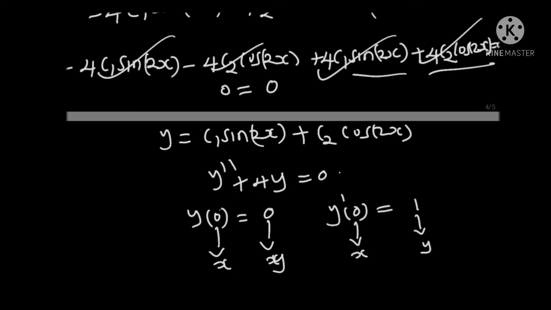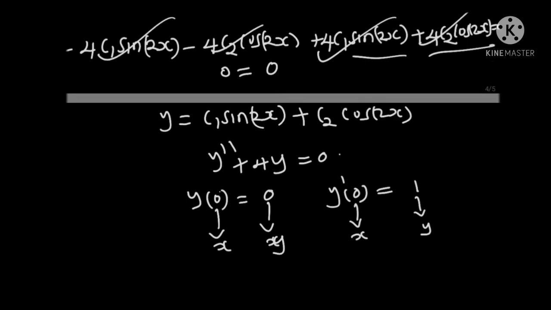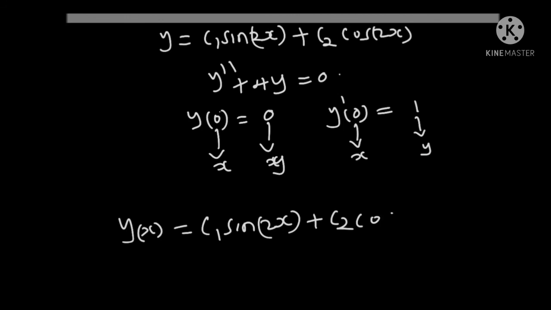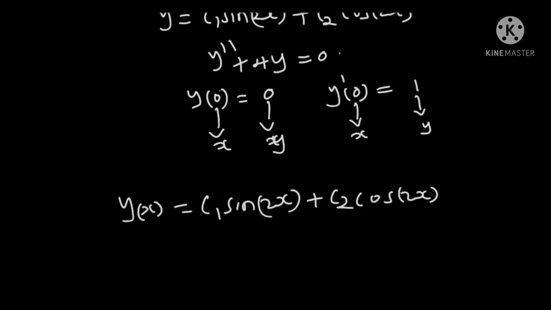So this one is an initial value problem. Now, y of x equals c1 sine 2x plus c2 cos 2x. This is our original solution.